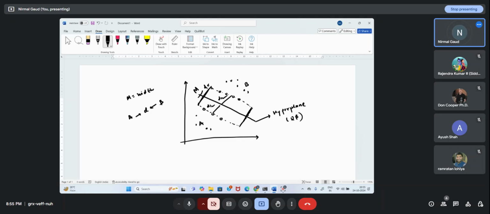Now, we have also been told that anything below the hyperplane or decision boundary is negative. Anything above the decision boundary or hyperplane is positive.